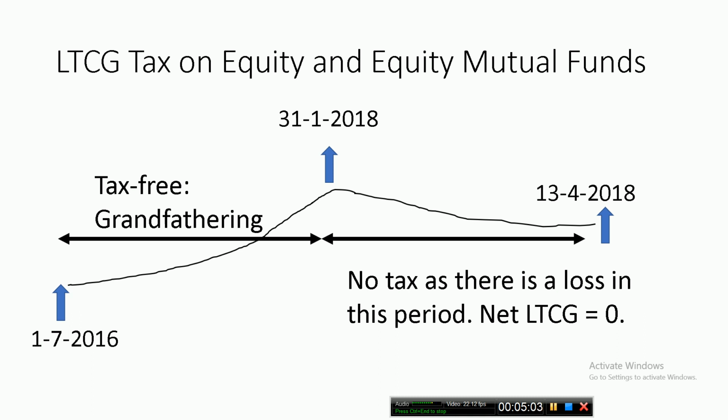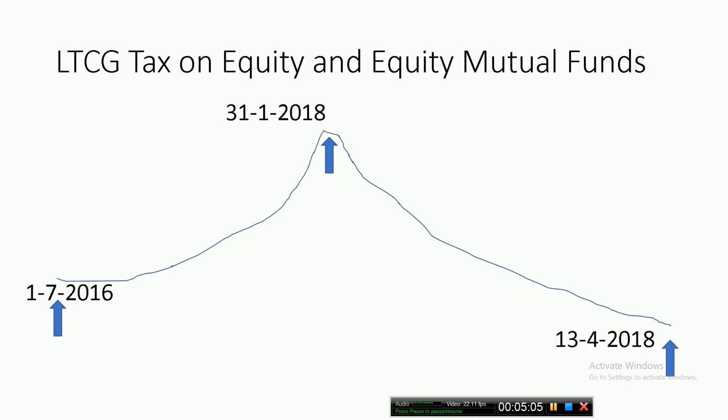Now look at a third situation in which, when you sell in mid-April 2018, the price is lower than both the price that was prevailing on January 31st 2018 and the purchase price in 2016.